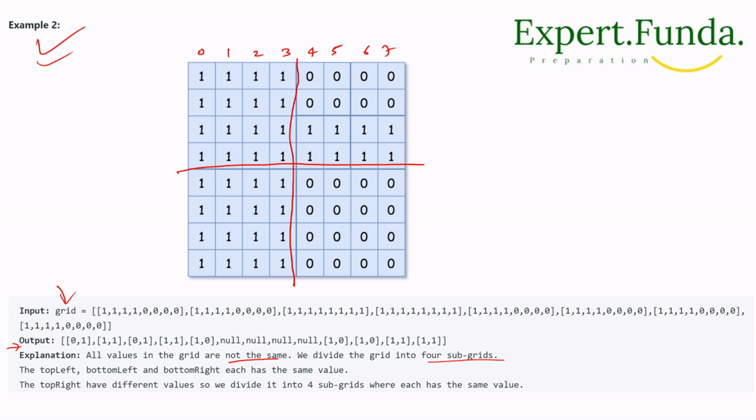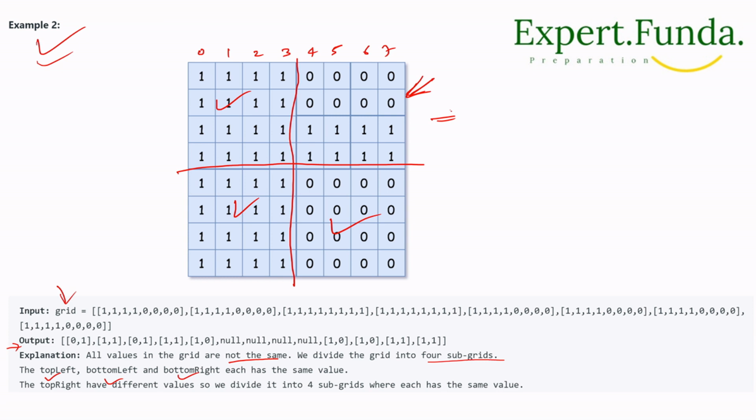Top left and bottom left have the same values, and this one is also the same. Three are the same, and only this one is different. The top right has different values, so we divide it into 4.